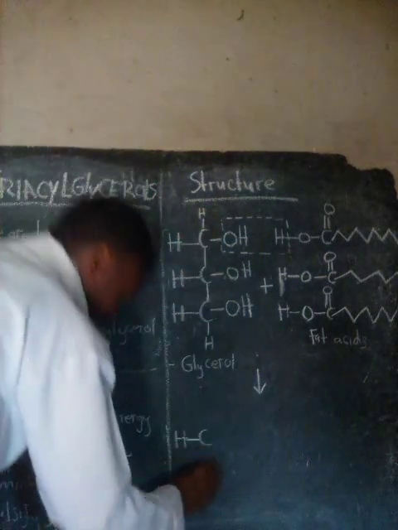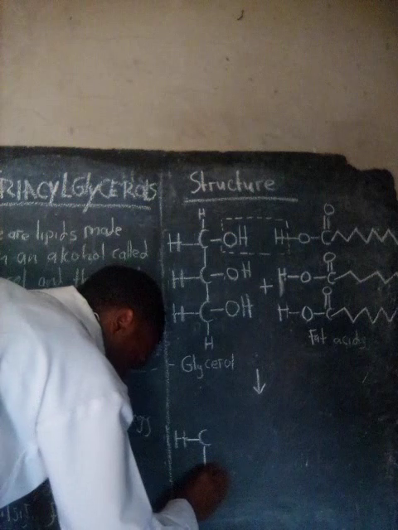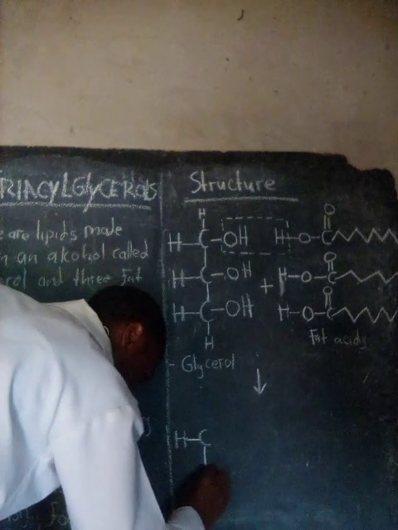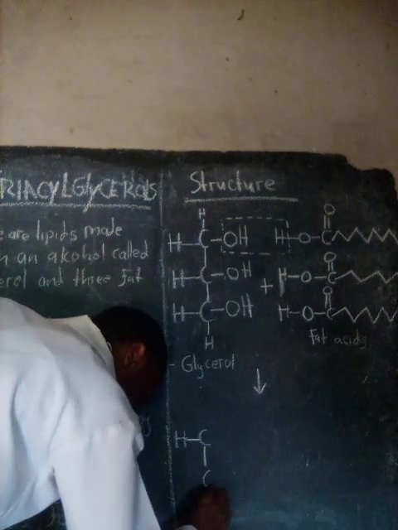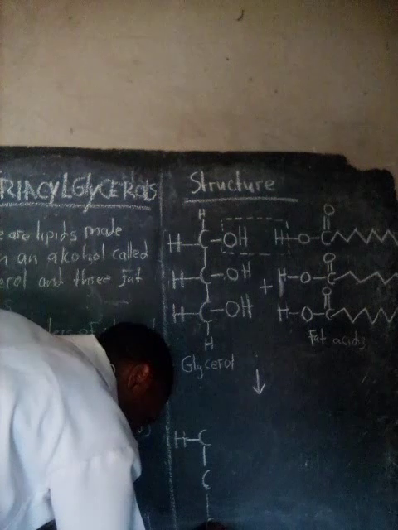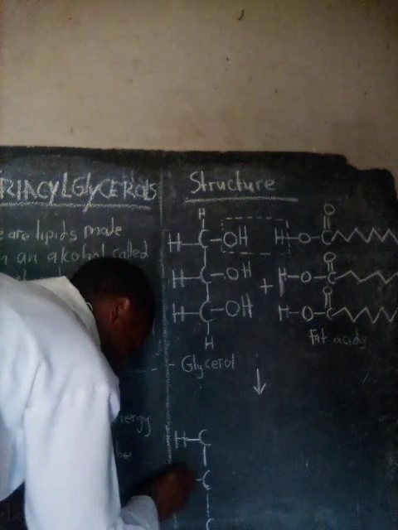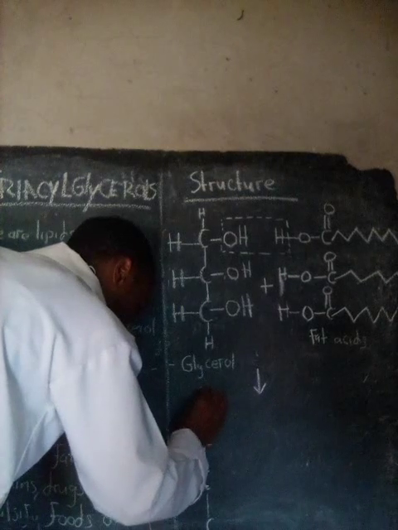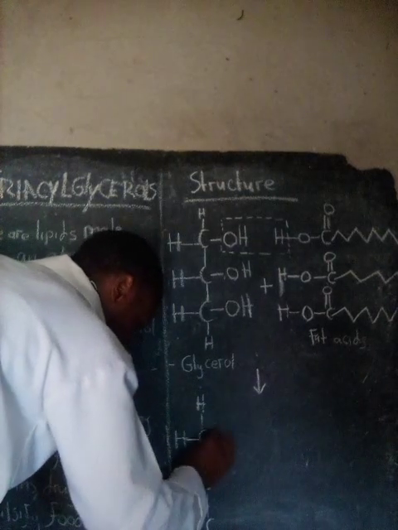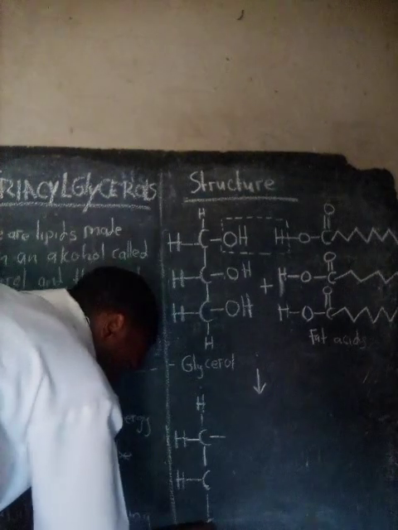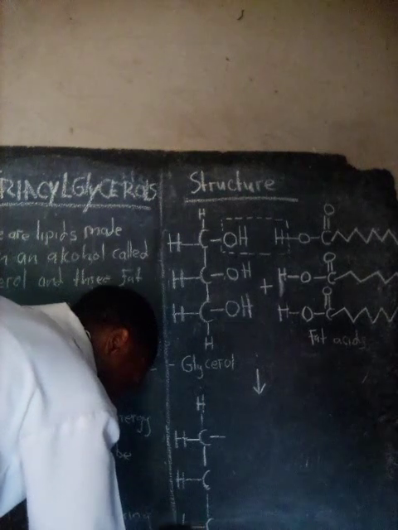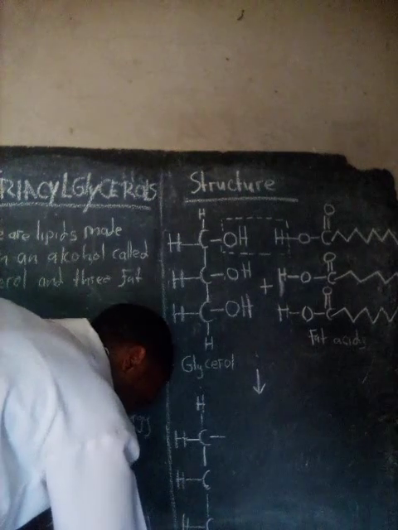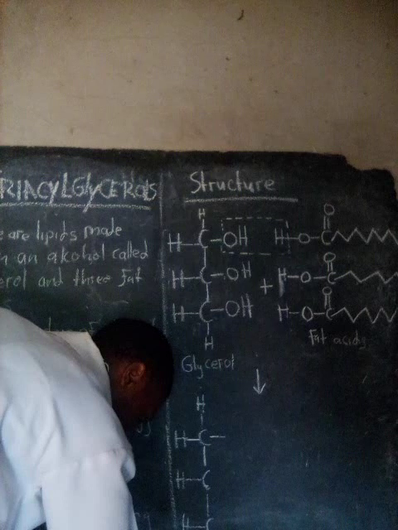This part, you just write the first step, you write the three carbons in a straight line and join them. Then this side, you just put the hydrogen, then on top you put hydrogen, this side, then you put hydrogen, and down there you also put hydrogen.